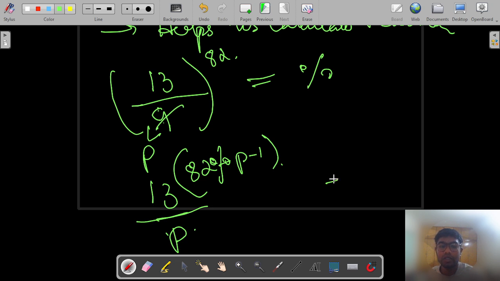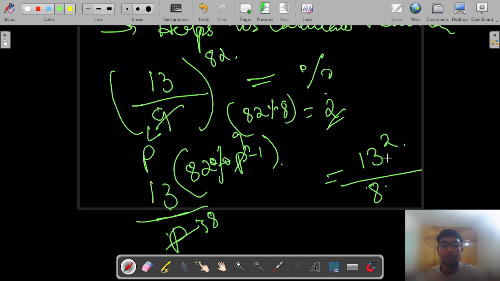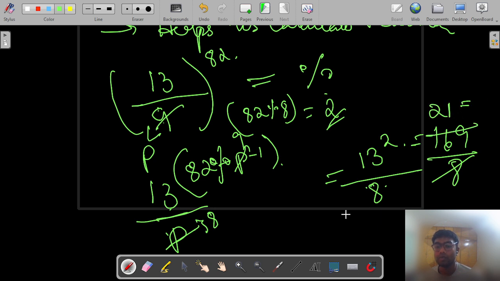In this case, p is 9 and this is 9 here. So 82 modulus 8 will be 2, and 13 to the power 2 is 169. 169 divided by 9 is 18 with a remainder, so 1 will be the remainder here.